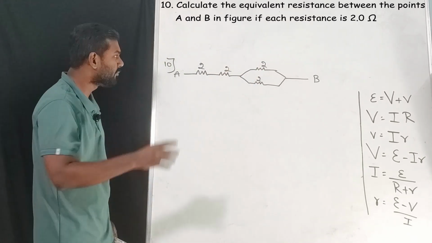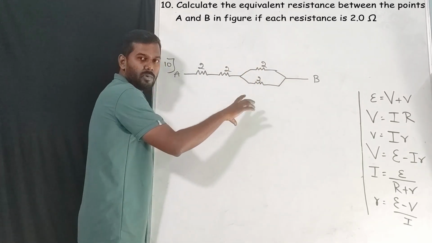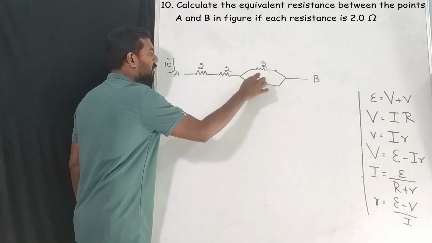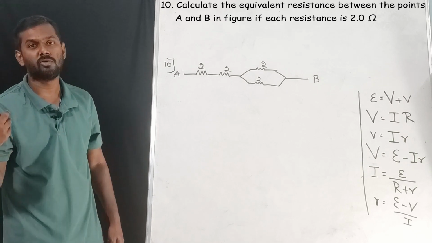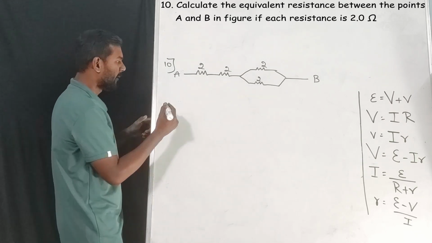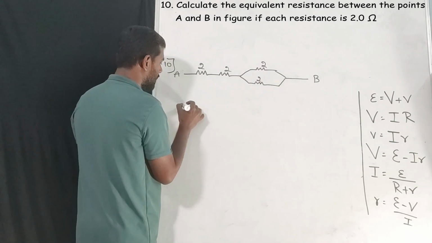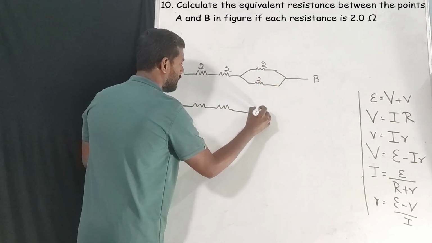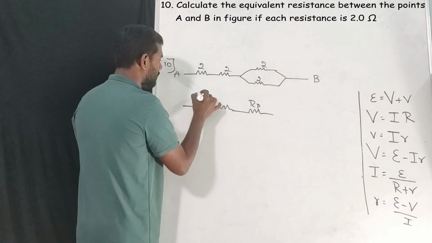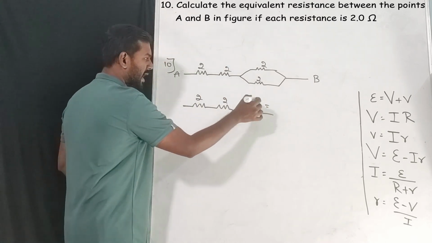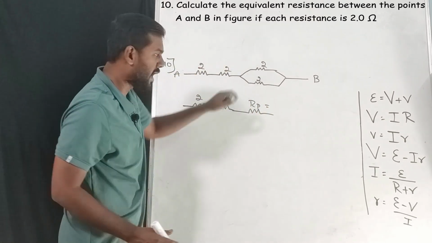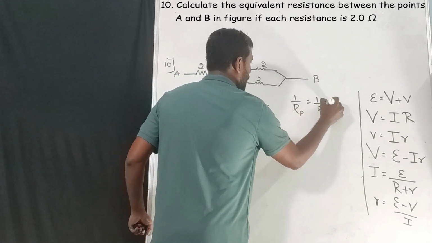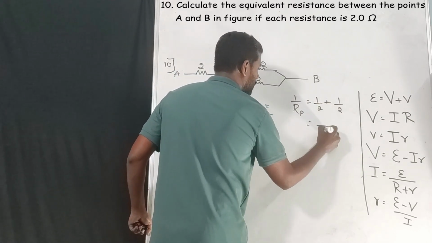So instead of going for that, I'll teach you one method. First solve these two. These two are in parallel, so they become one resistance, and then all of them are in series. In the second step only you will get the complete answer. So first we'll solve these two, which become RP, with 2 and 2. If these two are in parallel, go for the textbook method only. 1 by RP is 1 by 2 plus 1 by 2, so the answer will be 2 by 2.